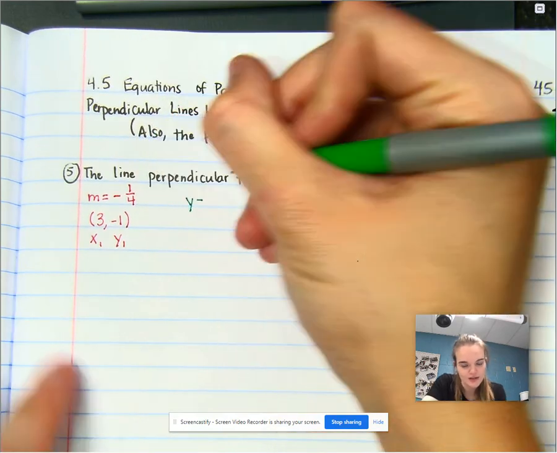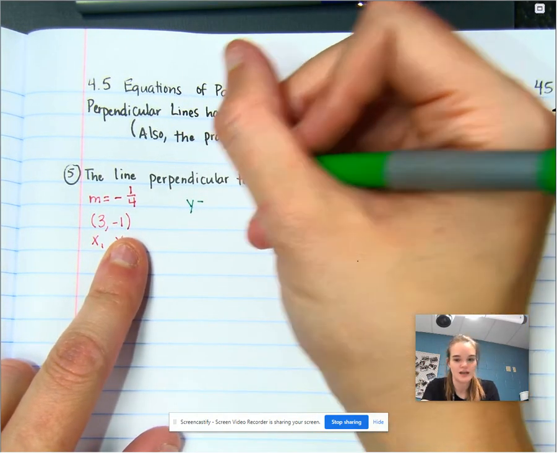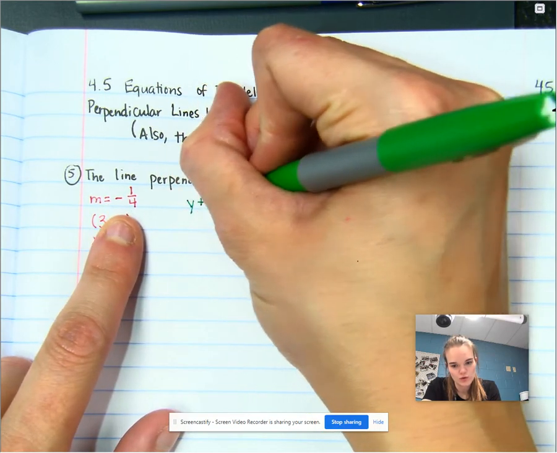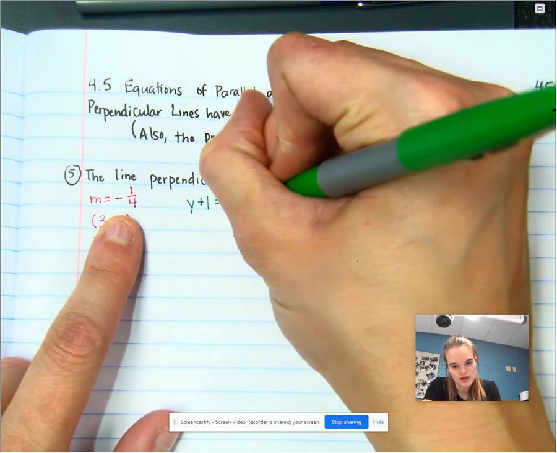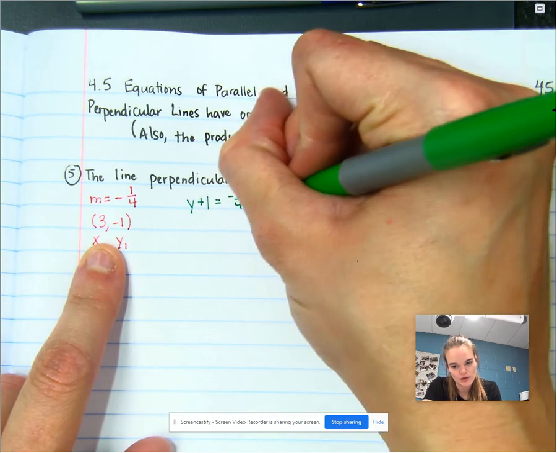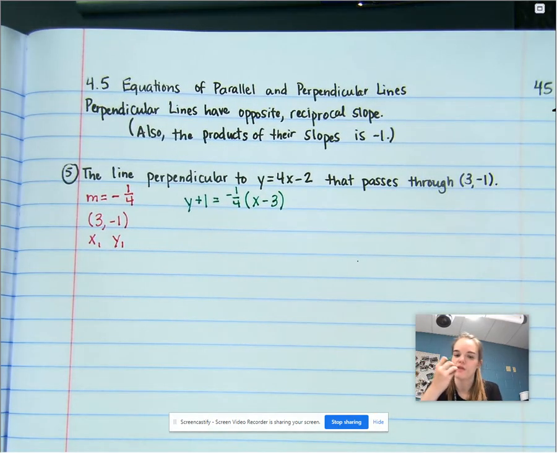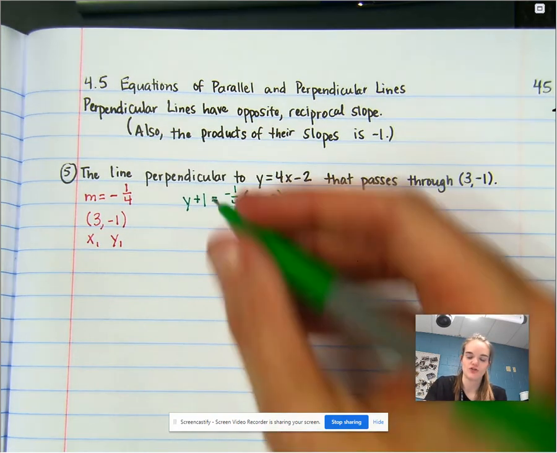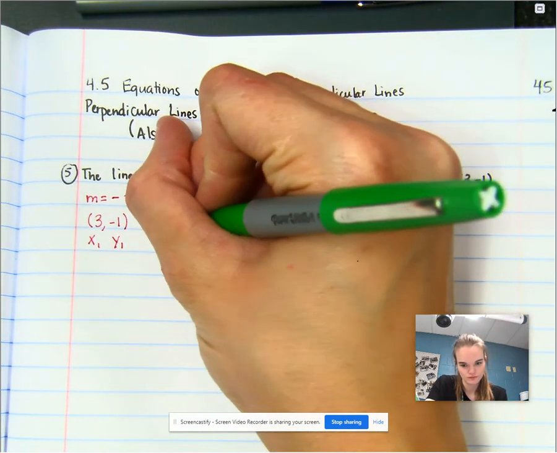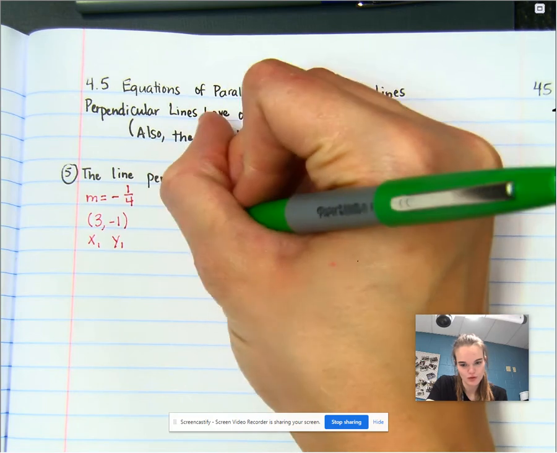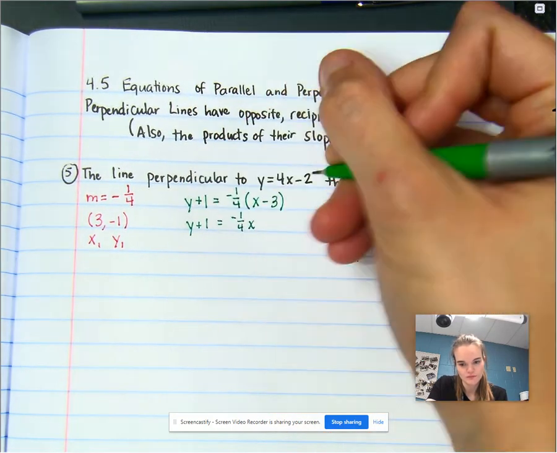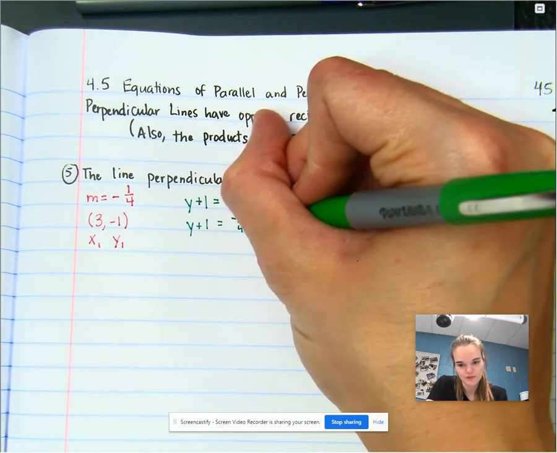Y minus y1, so it's already negative, so we're going to put +1, equals -1/4 times x minus 3. We're going to distribute: y plus 1 equals -1/4 x plus 3/4.